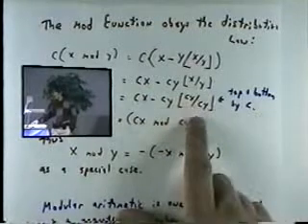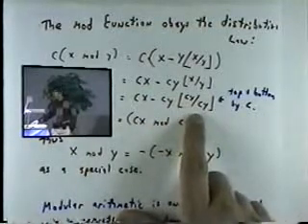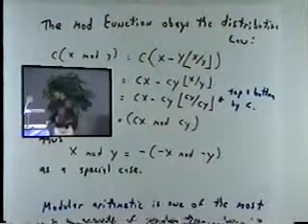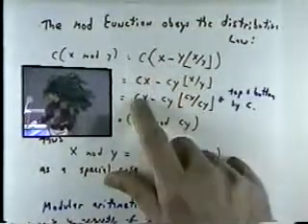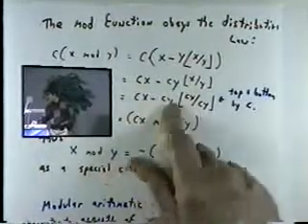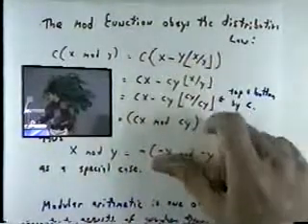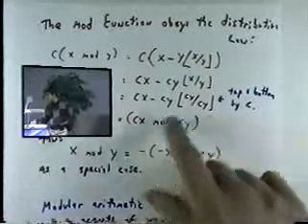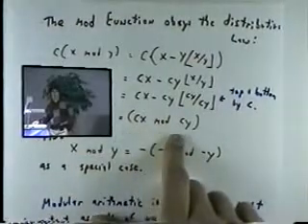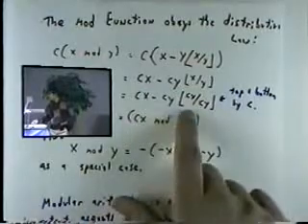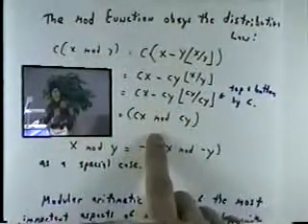Correct? It's like multiplying it by 1. But what's interesting now is that instead of x, we have Cx, and instead of y, we have Cy. This, by definition, is Cx mod Cy, by simply reusing our definition of what the mod function is.